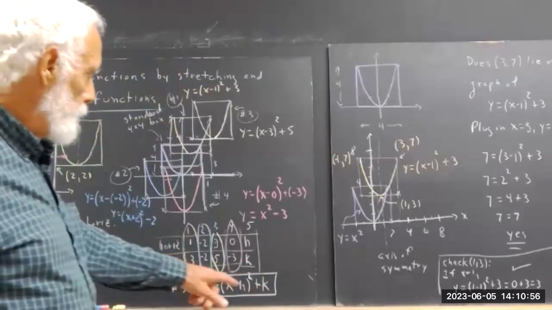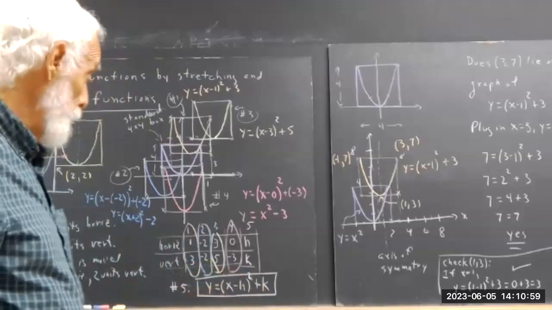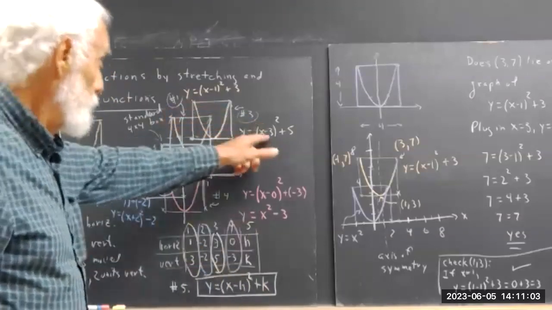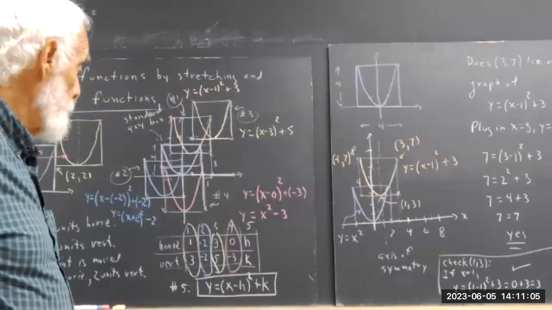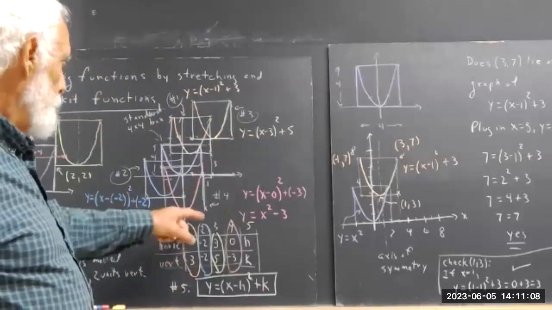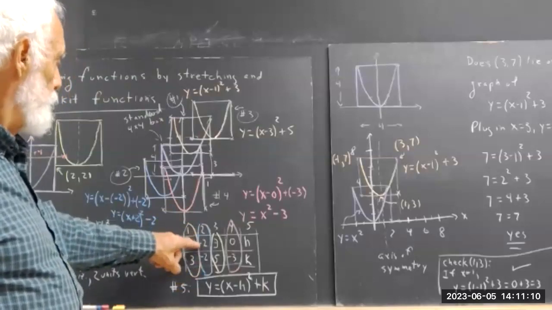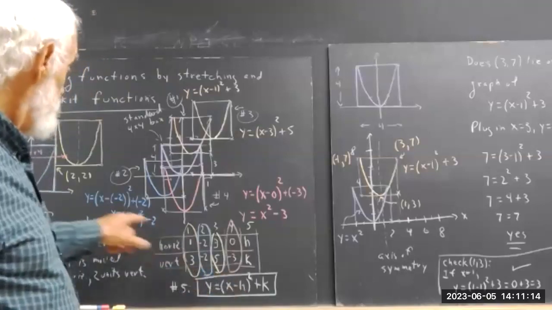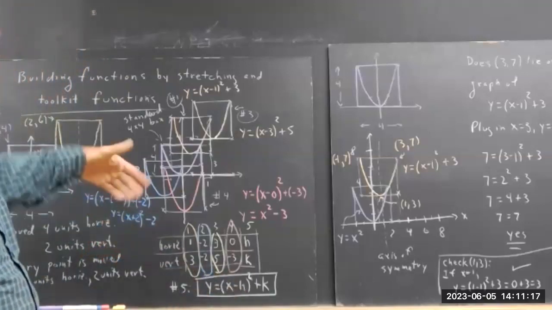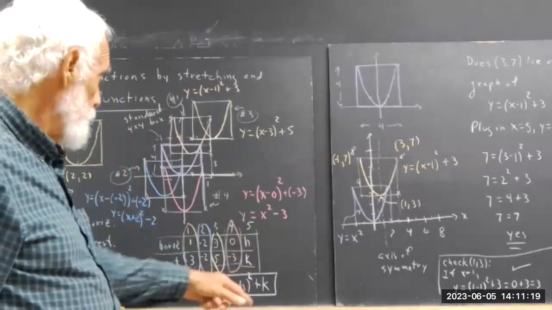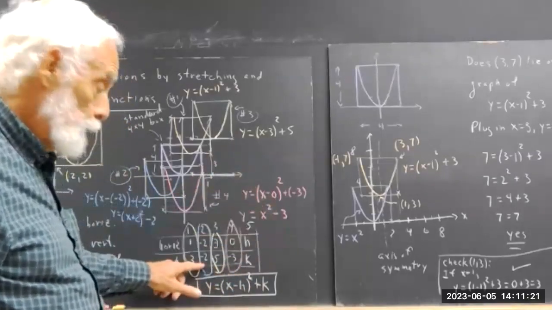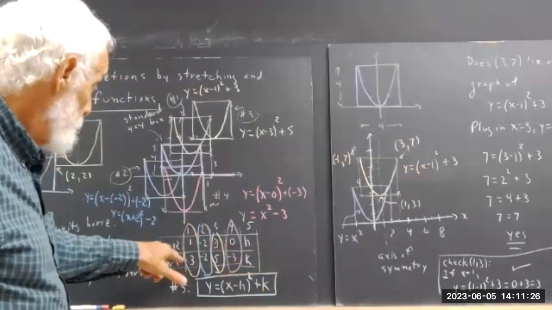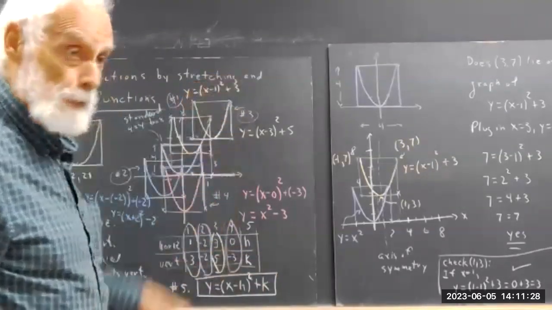Y equals the quantity x minus h squared plus k. Whatever h is, replaces h here, and you see that we've done that with each of these functions. So if we have number 2, the -2 here for the horizontal is h, it's x minus -2, which of course is x plus 2, and that's what's squared, and then plus the k, which is plus a -2. We just plug the h and the k in this form, and we get this.